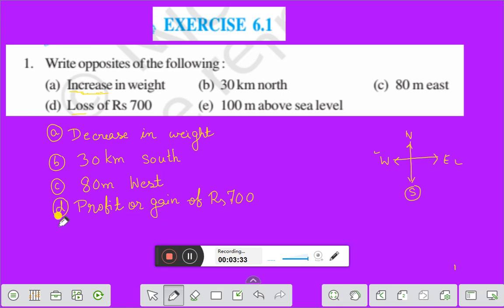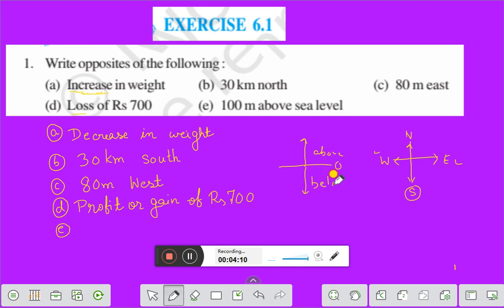Right? Question number E. 100 meter above sea level. If we consider here sea level as 0, this is above sea level, above, and below, it is below. What is the opposite of above?